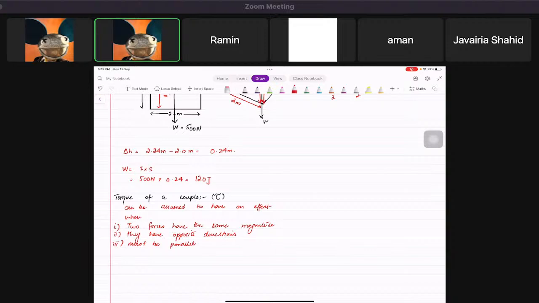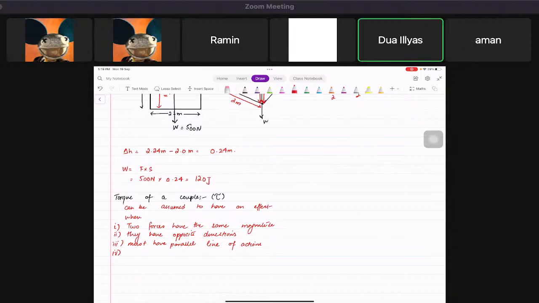They must have parallel lines of action. And they must act on the same body. Okay.